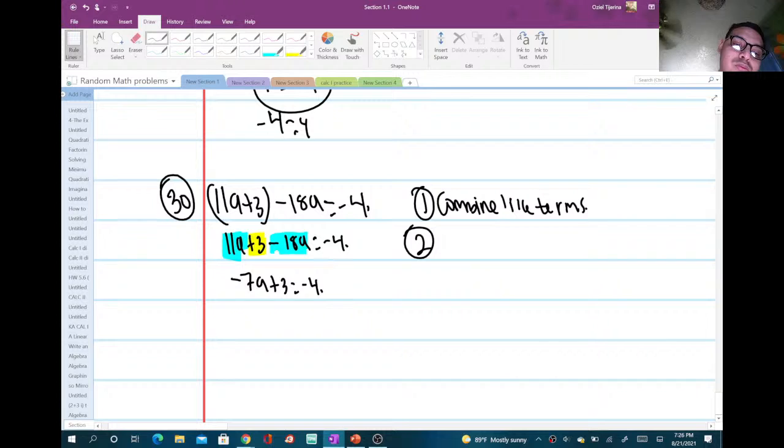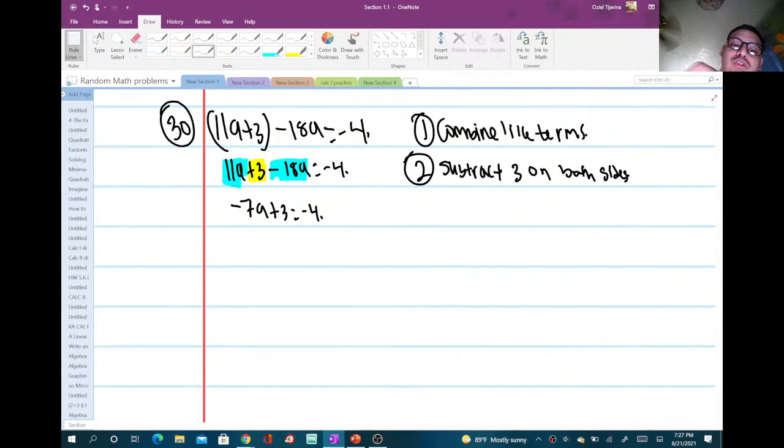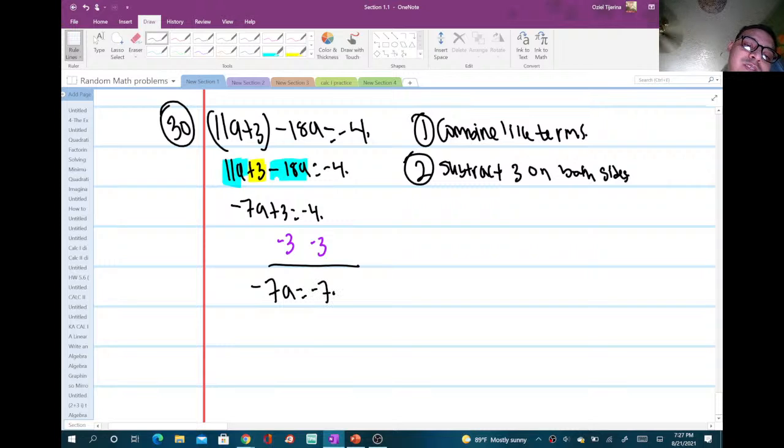Number 2, subtract 3 on both sides. When we do that, we have negative 7a equals negative 4 minus 3, that's negative 7.